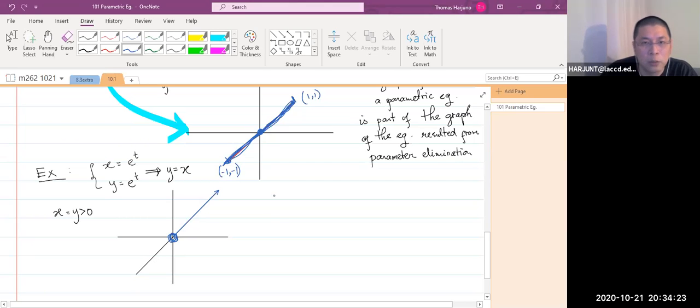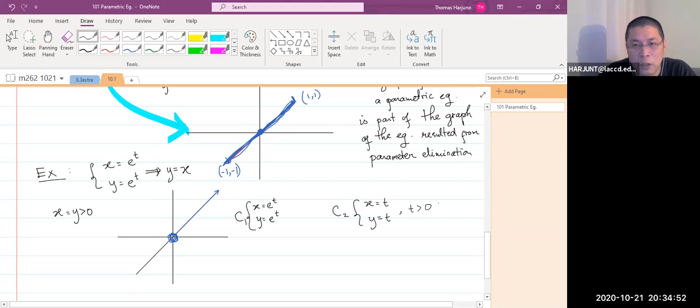And the difference between this parametric equation and, you may say, oh, the graph of this curve is the same as the graph of x equals t, y equals t for t greater than 0. The path will be the same, but the timing is different.